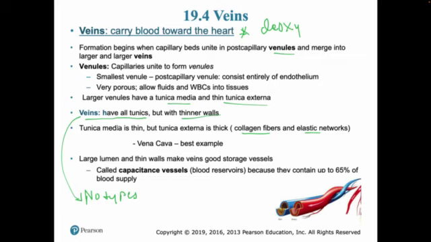Since the blood flow happens slowly and passively, they are good storage vessels. They're called blood reservoirs or capacitance vessels, because they contain 65% of the blood supply.